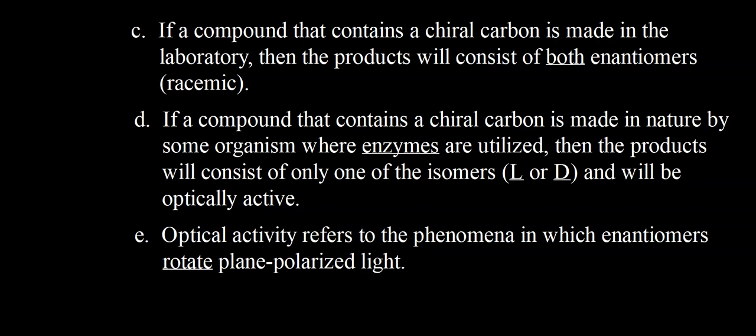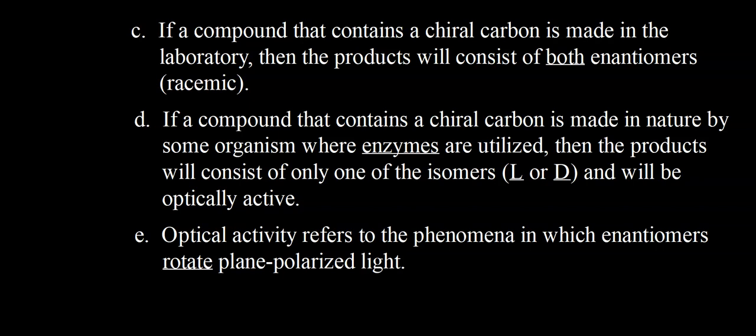If you pass the light through a polarizer, only one type of wave goes through, and then that light will be rotated one direction or the other by that particular isomer. What direction the light rotates depends on the particular isomer.